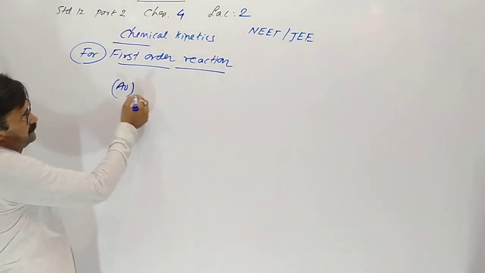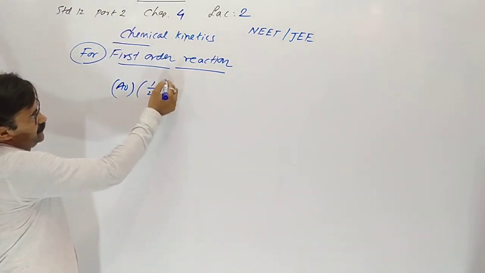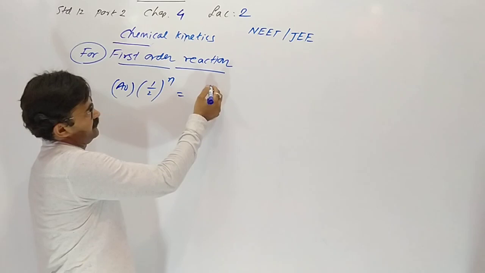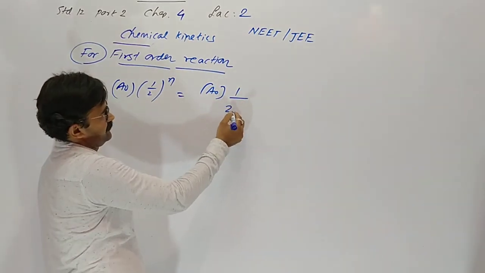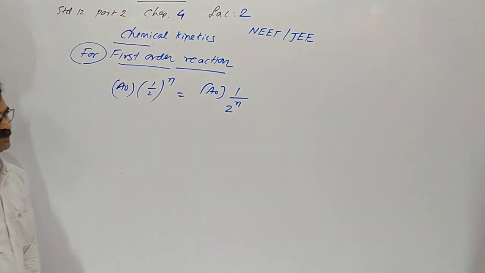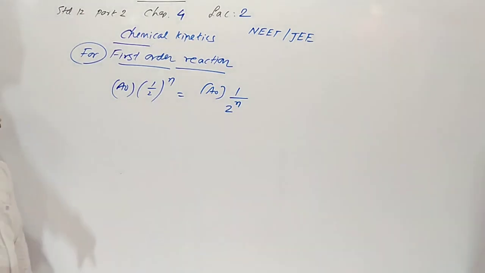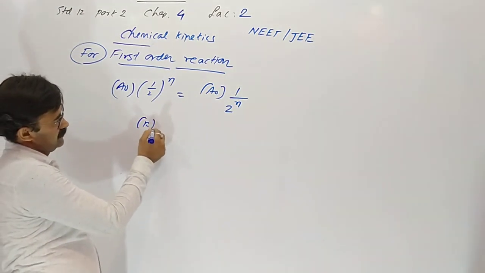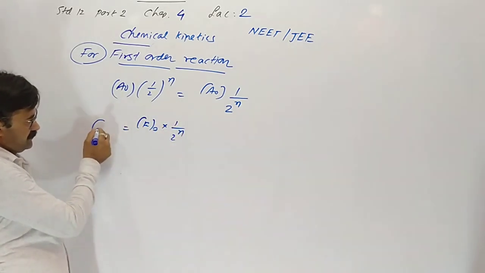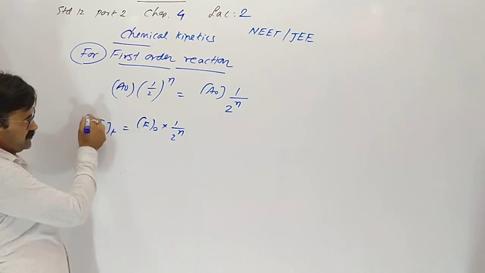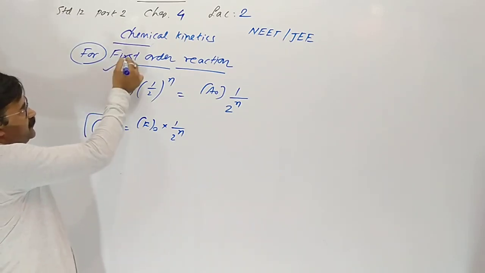R_t = R0 into (1/2) raised to n. 1 raised to n means 1, and here 2 raised to n. This formula is applicable for first order only.